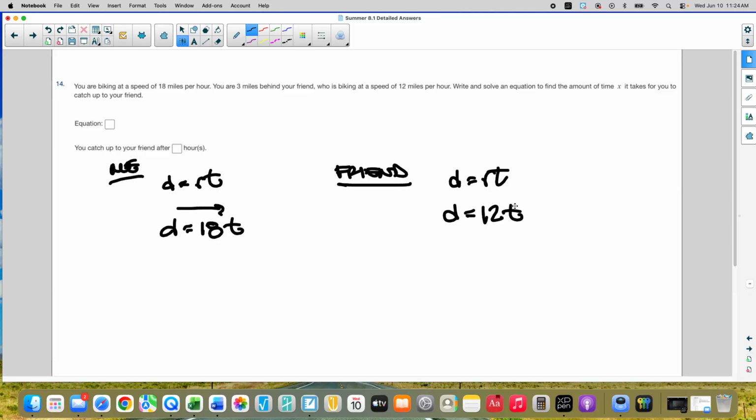And it says write and solve an equation to find the amount of time x it takes for you to catch up to your friend. Okay. So when does, well, if we subtract these, it should equal 3 miles. So 3 miles, which is the distance between us, should be, well, how much time would it take me riding at that?